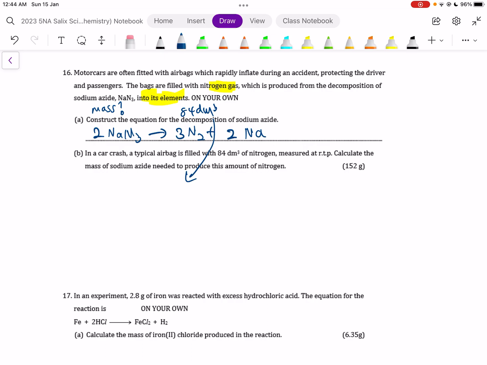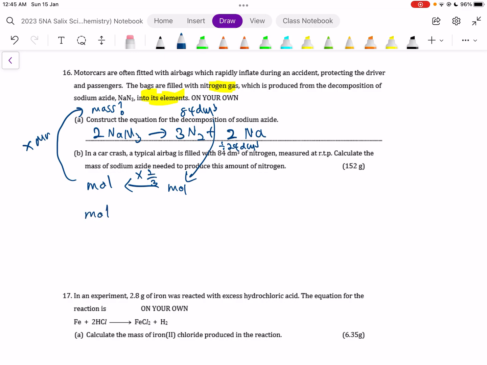So very simple. Get the number of mole first, divided by 24 dm cube. Then after you get the number of mole of this, multiply by 2/3 because the ratio is 2 to 3. Then after that, multiply by the Mr. Okay, so 3 steps.